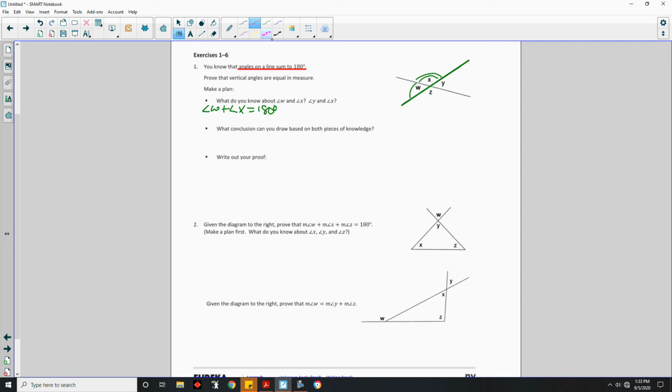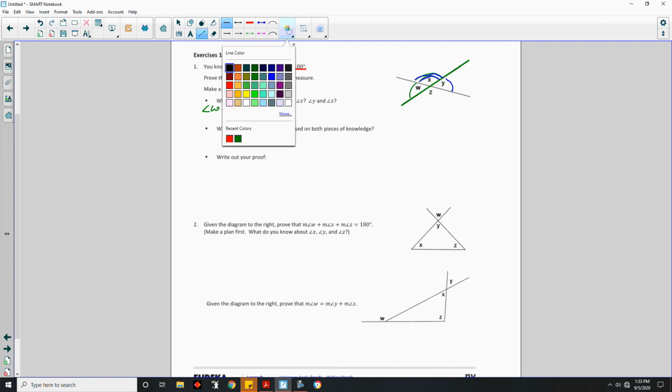What about angle Y and angle X? What do you know about Y and X? Well, here's X. Here's Y. And we have another straight line that they are on, right there.